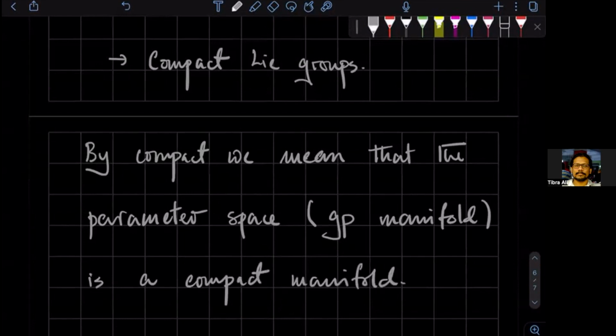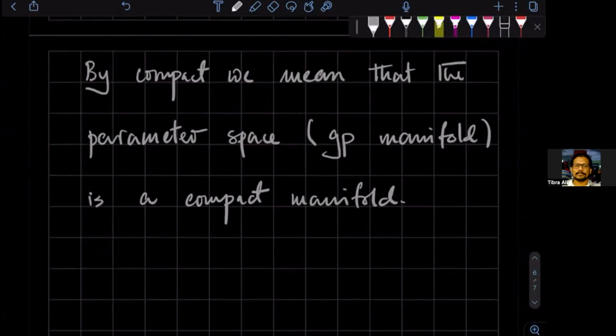That is, it has finite volume. Okay, so for example, U(1) is SO(2) and it's a circle.